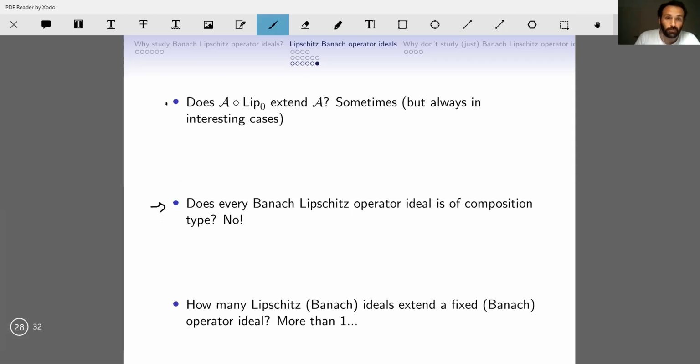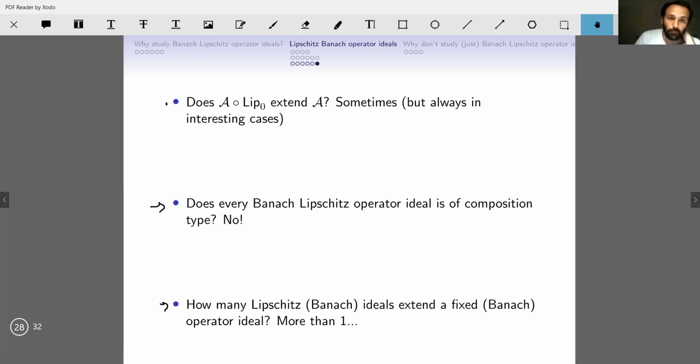The second is, is every Banach Lipschitz operator ideal of composition type? And the answer is no. We show an example, but in fact we have many Banach Lipschitz operator ideals that are not of composition type. And finally, how many Lipschitz Banach ideals extend a fixed operator ideal? Well, more than one, and not only in the surjective case, not only in the many case.